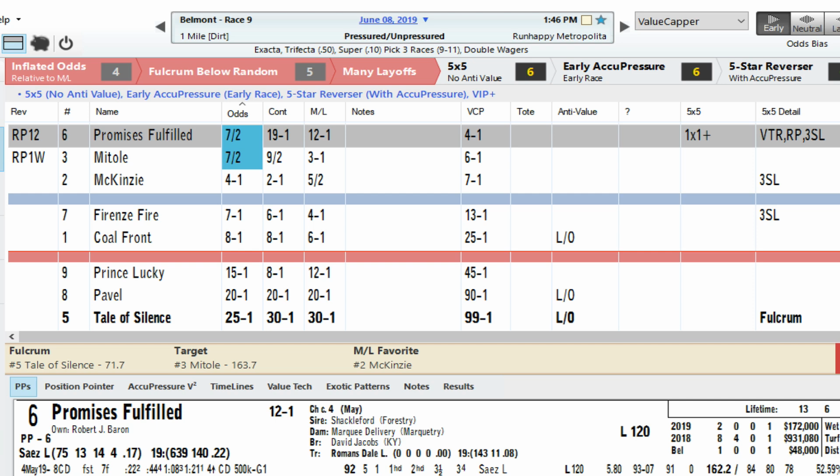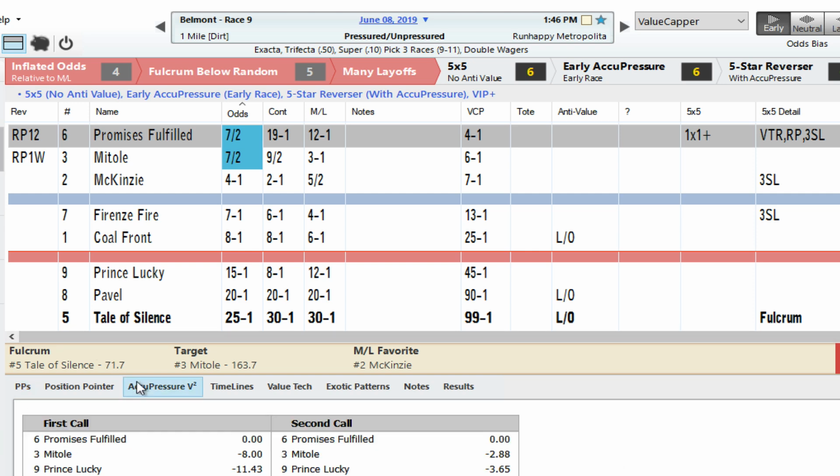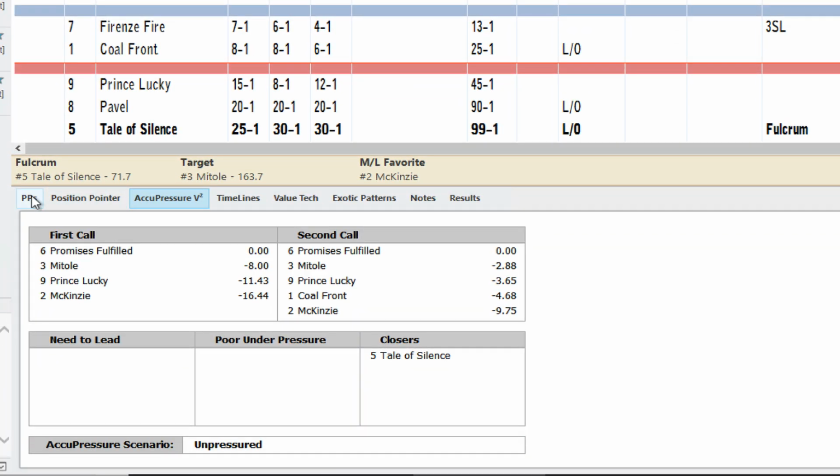And the Metropolitan is one of those mile races that will often come up as a pressured race. This year, it projects as an unpressured race or an early race. And AccuPressure is showing Promises Fulfilled right on top of the line, 12-1 in the morning line, showing that it will try to wire the field.